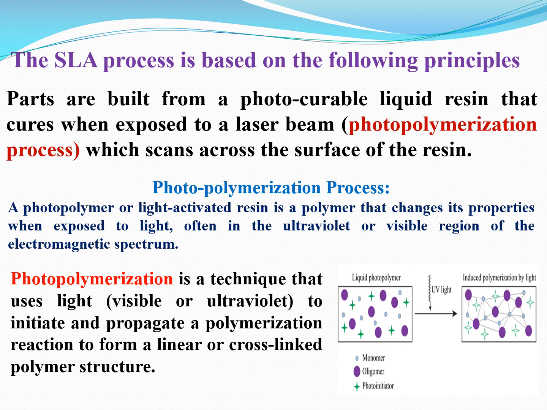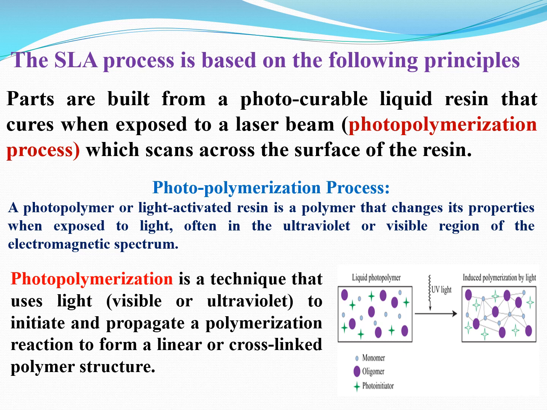If you see the diagram at the right hand bottom side, the first box is the liquid polymer, that means before exposure to light. After exposure to light, that means UV or visible light passing through the liquid polymer, polymerization is induced by light, creating different chains.